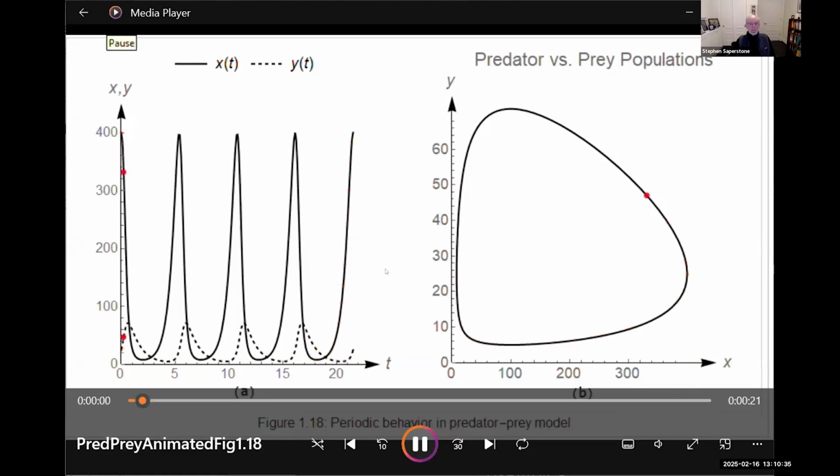This is a simple model of a pair of nonlinear first-order differential equations. Predators and prey are depicted on the left-hand side, and the phase plane on the right-hand side. And this proceeds, again, in this slightly jerky fashion, but that's the best I could do on this one.